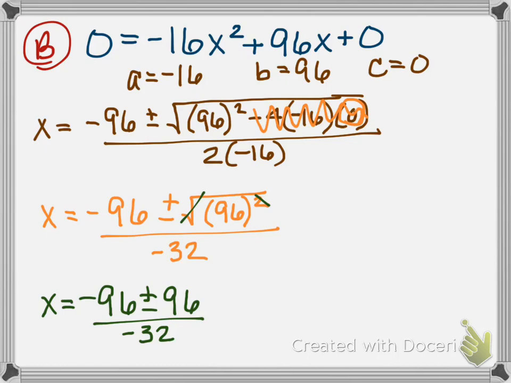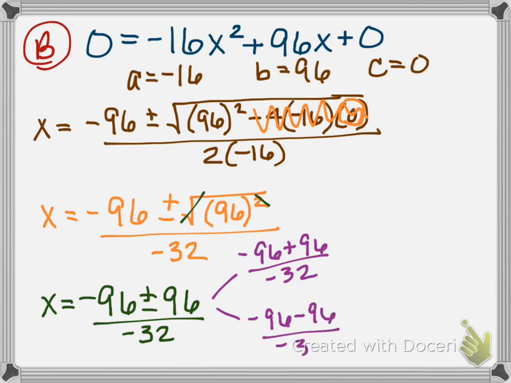So, one equation is going to be negative 96 plus 96 divided by negative 32. The other, negative 96 minus 96 divided by negative 32. Well, the negative 96 plus 96, those guys cancel and leave you with 0 divided by negative 32, which is just 0, which makes sense because the ball was hit at the 3-foot mark.